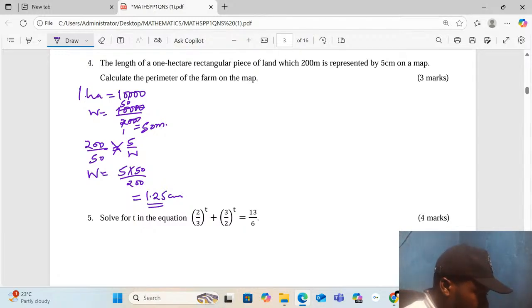It will be represented by 1.25 centimeters.